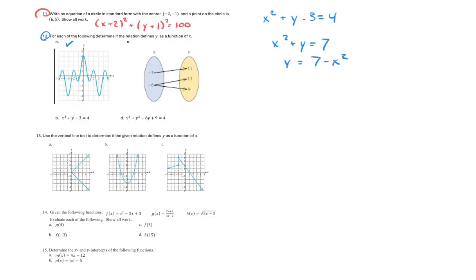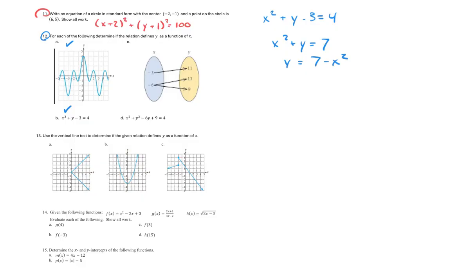So we have an equation for y in terms of x, and notice how if I plug in an x value, let's just say 1, I'm only going to get the one y value. There isn't anything that's going to mess this up. And we can even imagine what this would look like on a graph, and that would also pass the vertical line test. So this one here gets a check mark.